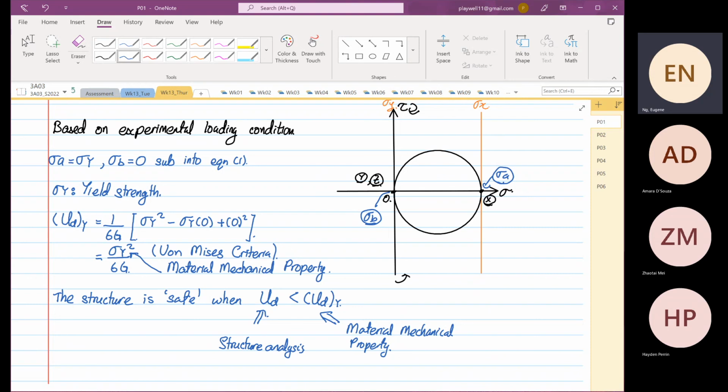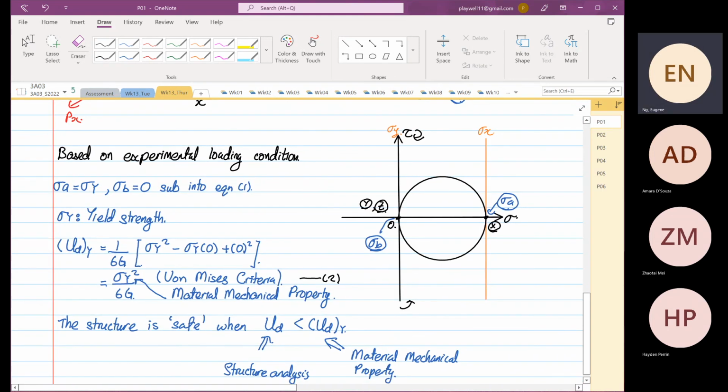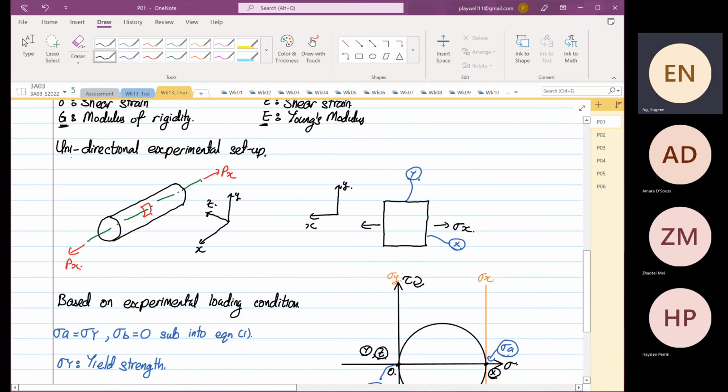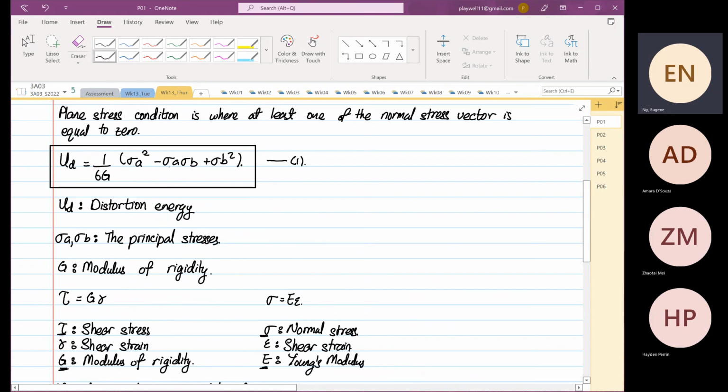And this equation, I'm going to call this equation number 2. We derive this equation number 2 based on a unidirectional experimental setup. Whereas over here, we just apply an energy distortion equation.